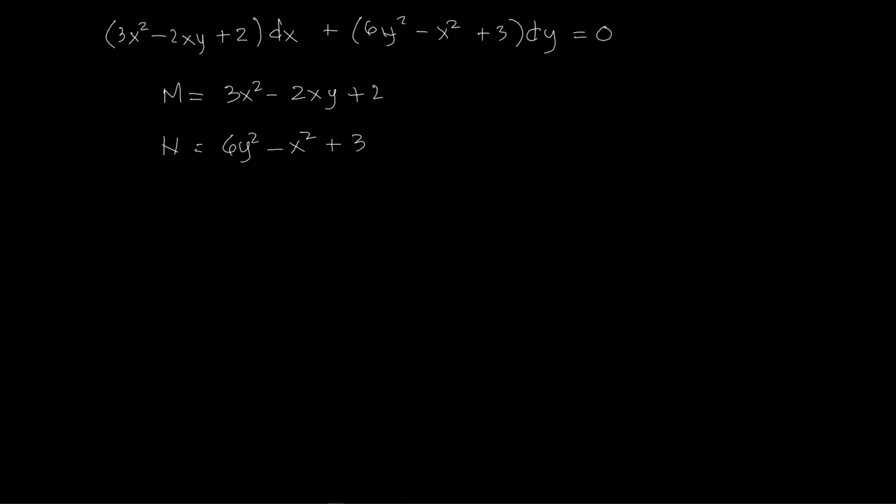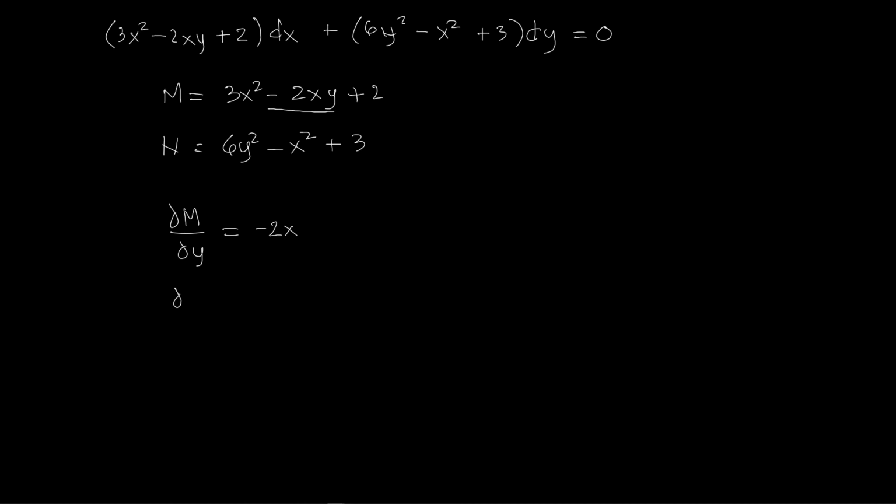Now, partial derivative of m with respect to y: setting x as constant, so negative 2x, constant mo na. Derivative sa y kay 1, so negative x. Derivative sa constant, 0.